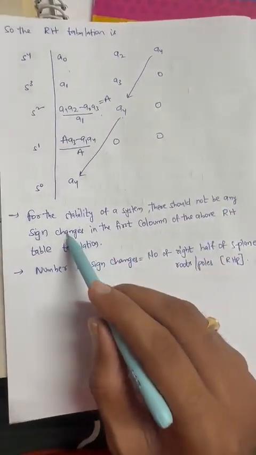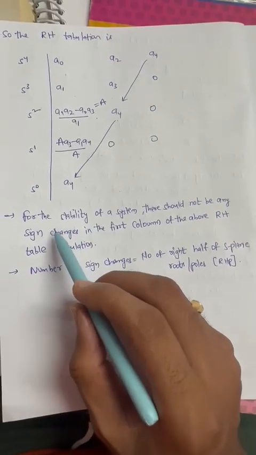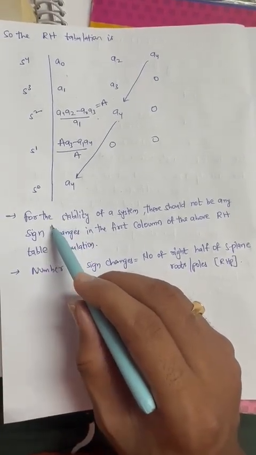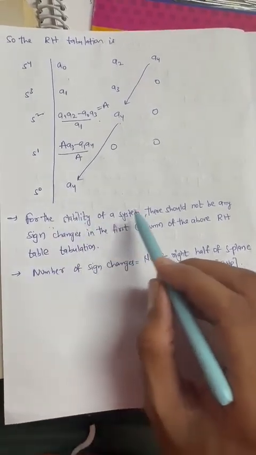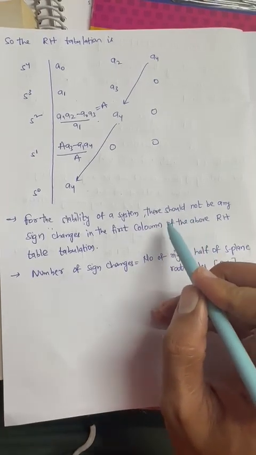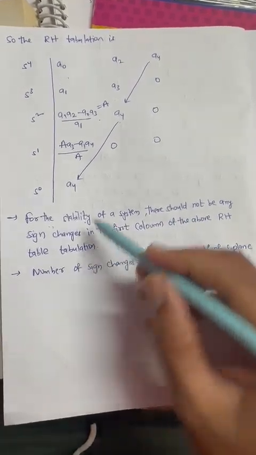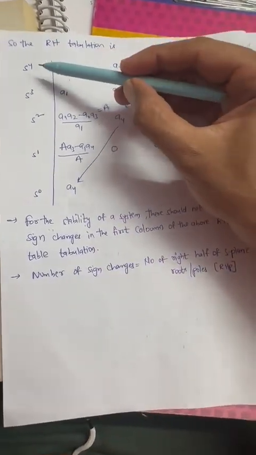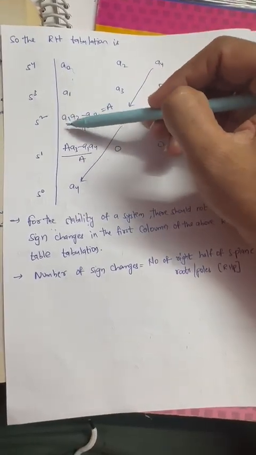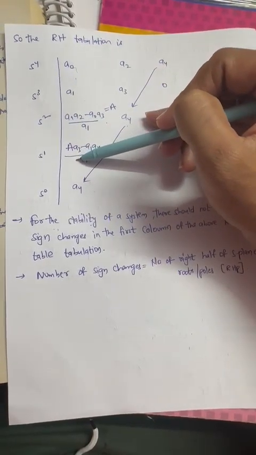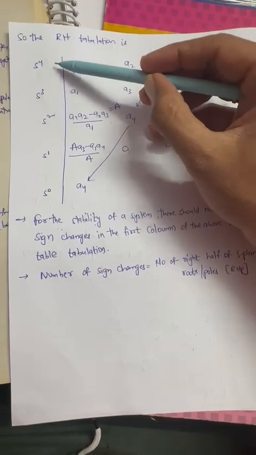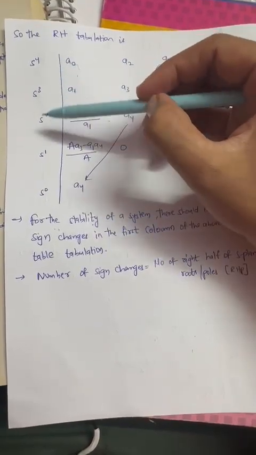So from this tabulation we can conclude the necessary conditions for stability of the system. There should not be any sign change in the first column of the above RH tabulation, that is a0, a1, A, (A a3 minus a1 a4) by A, and a4 should all be positive or should all be negative.